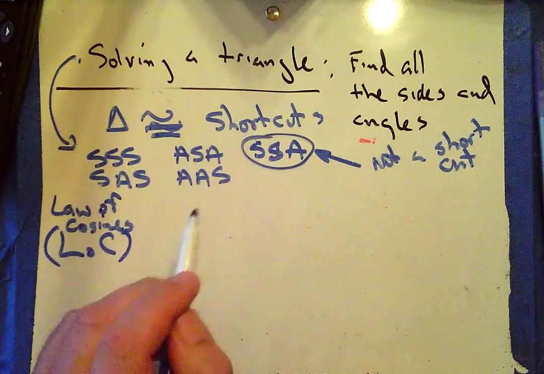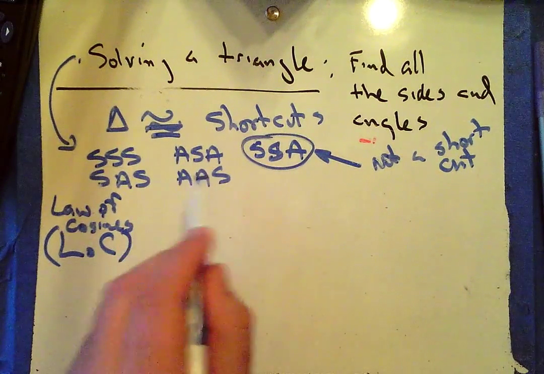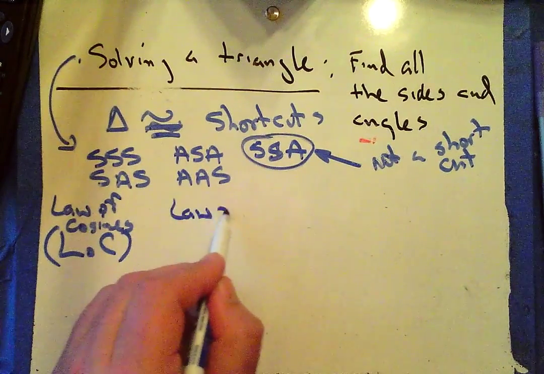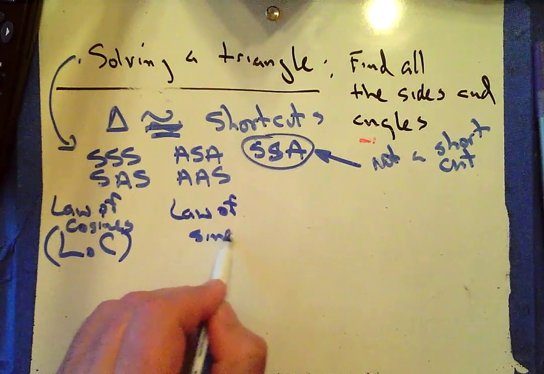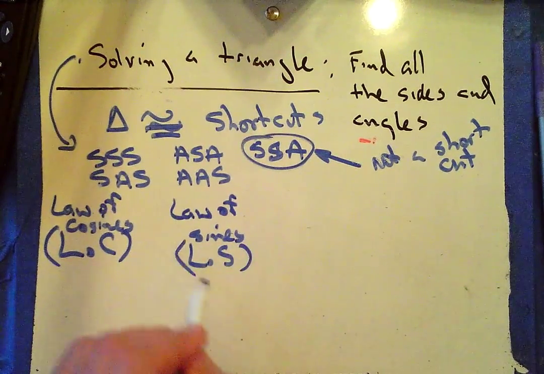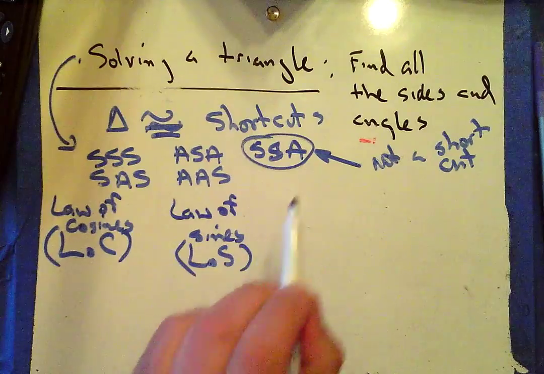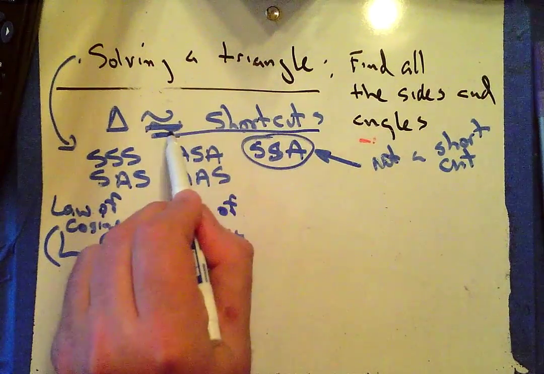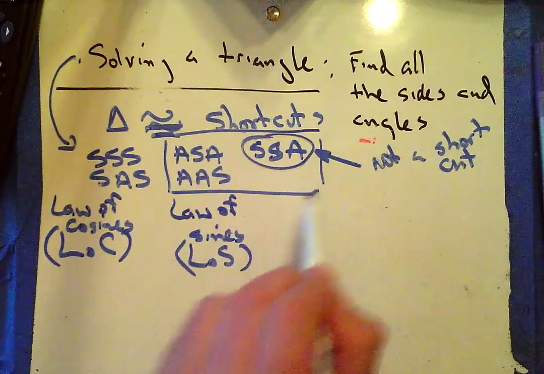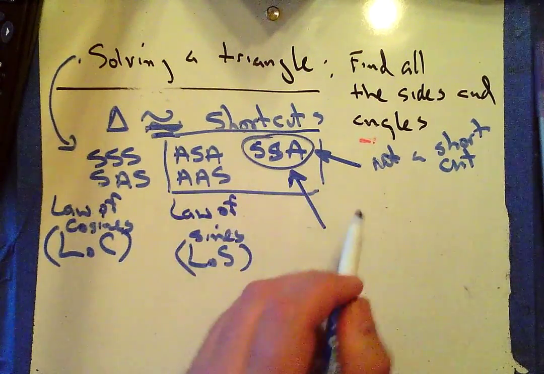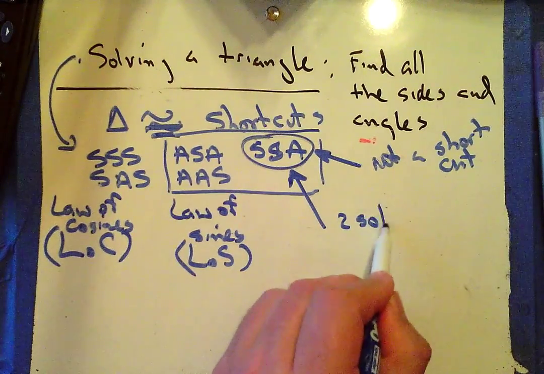And when we're going to solve a triangle and we're given this information, we're going to use law of sines, sometimes abbreviated as LOS. Now, this is also law of sines. What happens, though, when we try to use law of sines in this situation is that we might get two solutions.